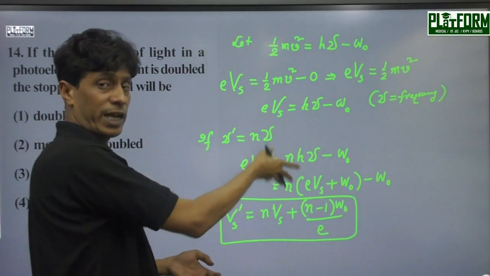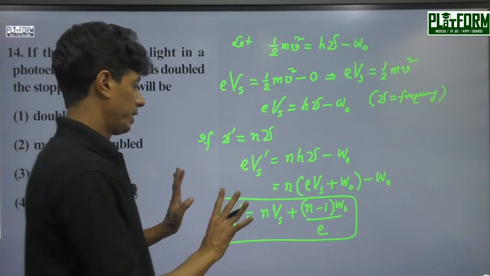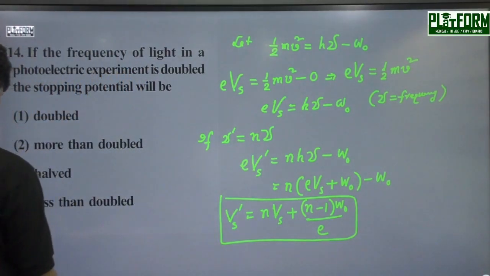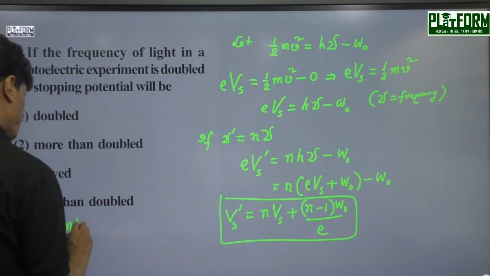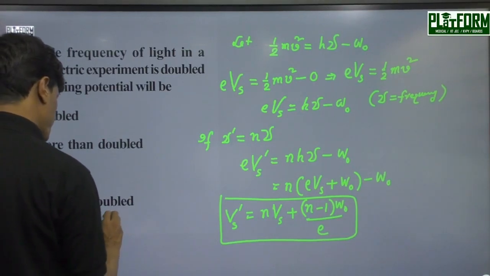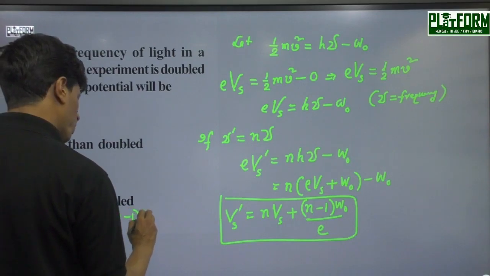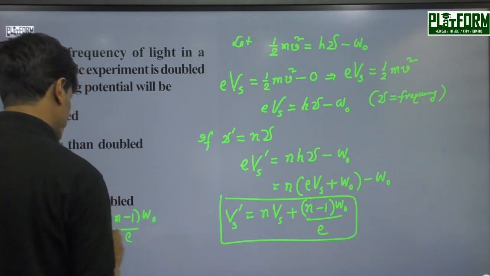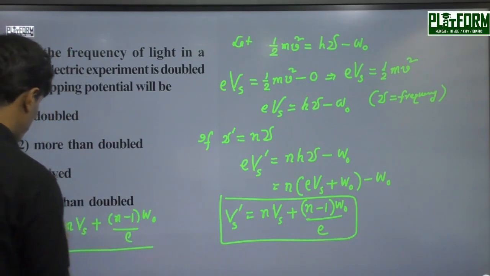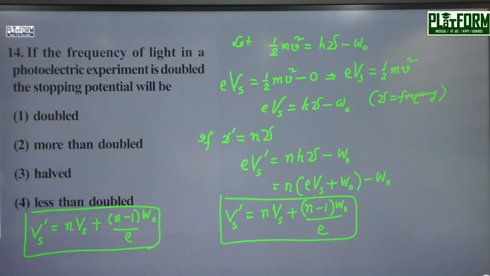Don't do the job that I have done here. You just keep this formula: new stopping potential equals n Vs plus (n minus 1) work function by e. If we put n equal to 2, then we can certainly say the new stopping potential will be more than double.